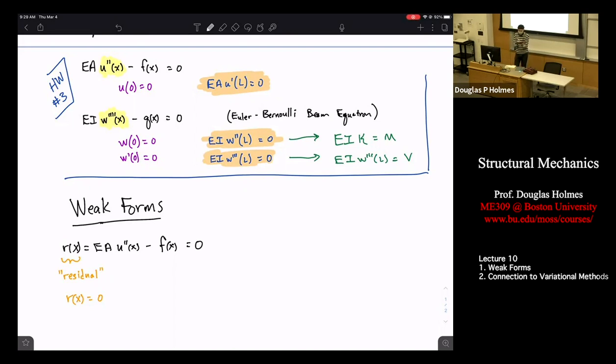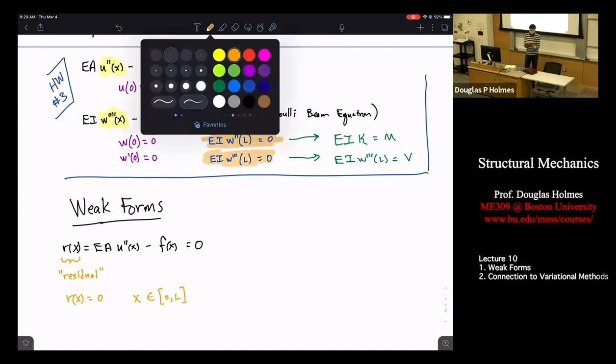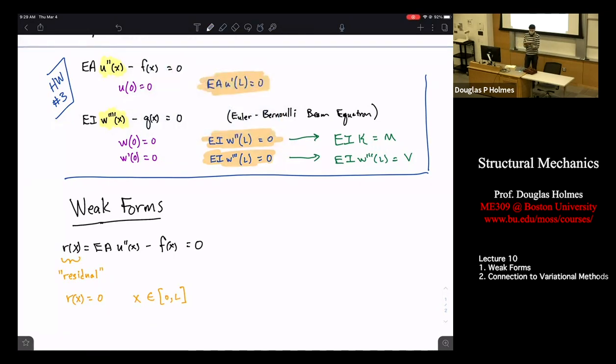So this has to be true for all x between, say, 0 and L. This requirement that our residual be equal to 0 at every single point in the body is what's known as the strong formulation, or strong form.